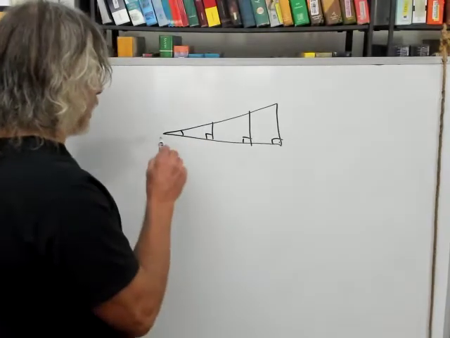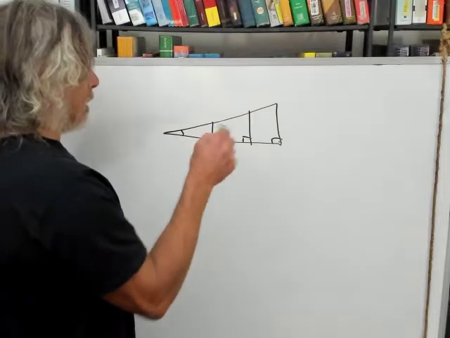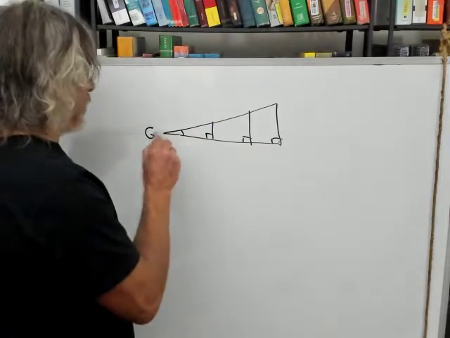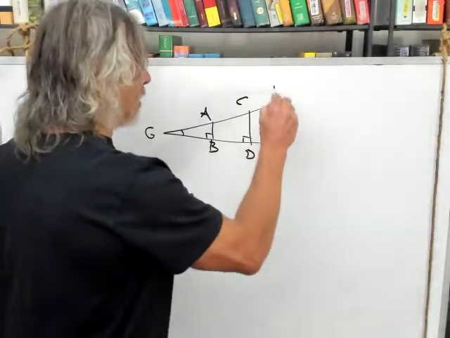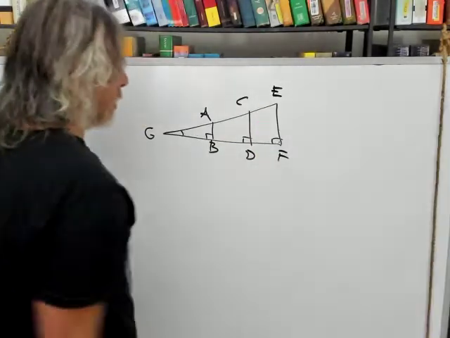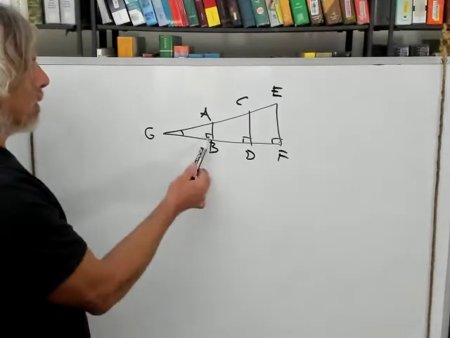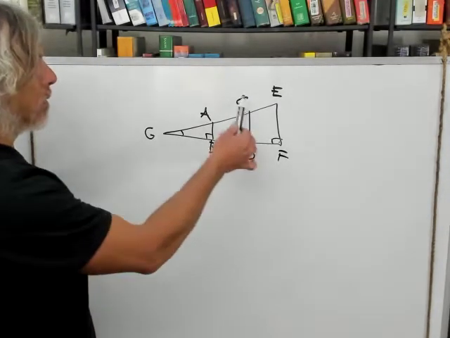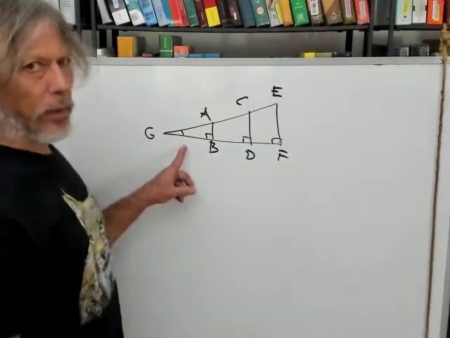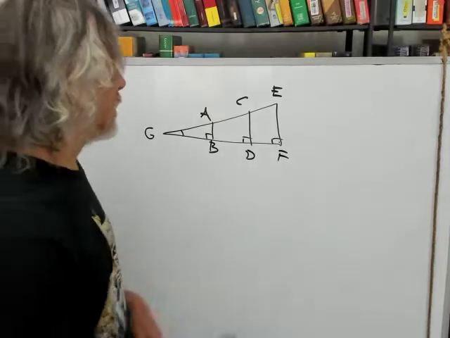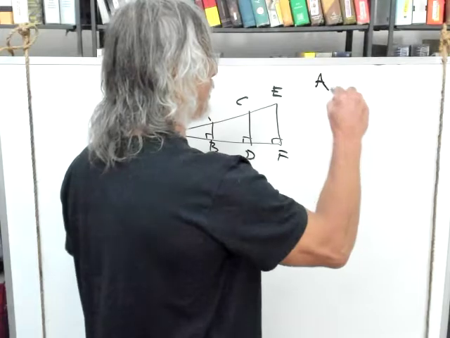This and this, we can call it A, B, C, D, E, F. I guess G, A, B, C, D, E, F. So we have these triangles, and ABG has this 90-degree angle in it. So does CDG. So does EFG. But they all have angle G in it. And by geometry, they're all similar by the angle-angle similarity theorem.